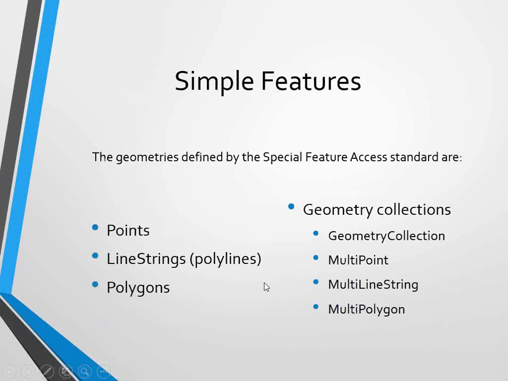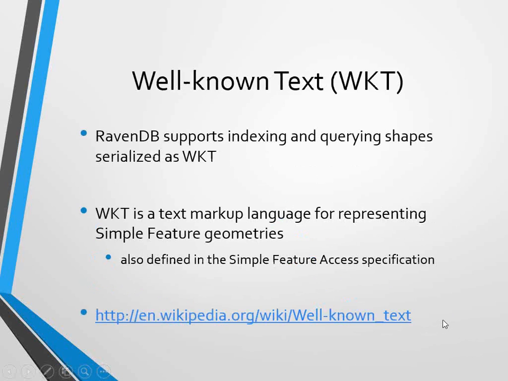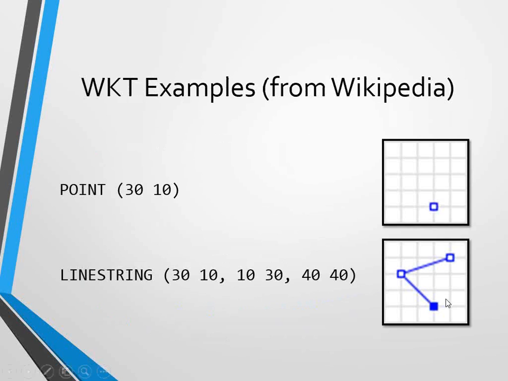Again, I'm just reiterating here the kinds of shapes that are specified in the simple features specification. Now, to store those shapes in RavenDB, we use a standard called well-known text, which is also defined in the simple features specification. You can read more about it on Wikipedia. I have included some examples of WKT in this presentation.